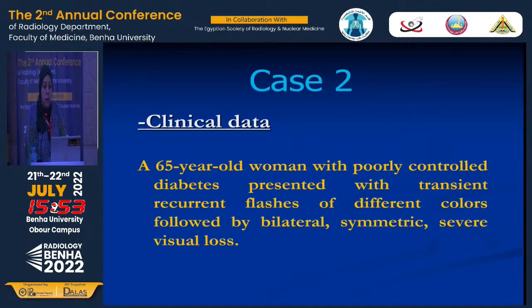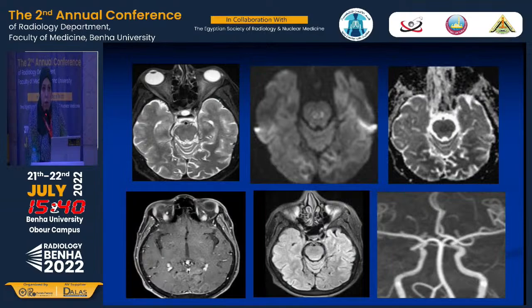The second case is for a 65-year-old female with poorly controlled diabetes, presenting with transient flashes of light followed by severe visual loss. MRI was done for this patient. On T2 and FLAIR, there is bilateral, nearly symmetric hypointensity, cortical and subcortical, in the occipital lobes.